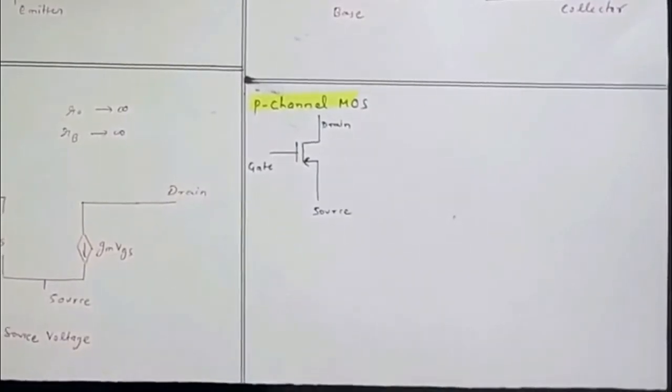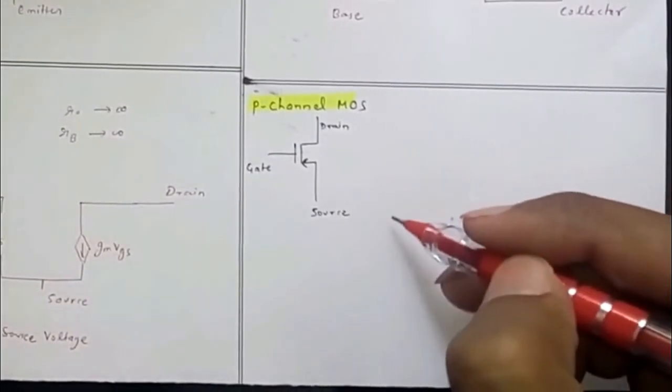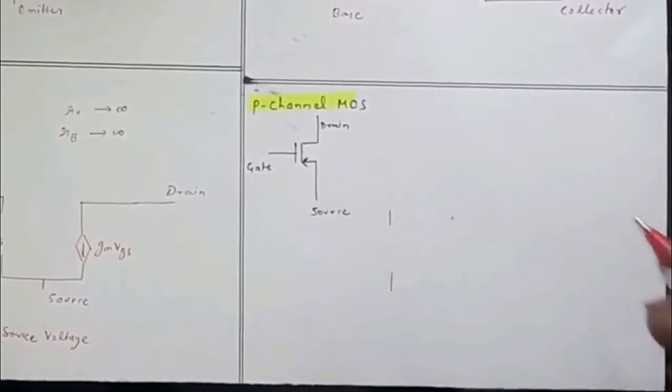Okay, now the P-channel MOSFET is also quite similar to the PNP, and this is the gate terminal. Again we have to open circuit those resistances. This is the dependent current source, GM times VSG.